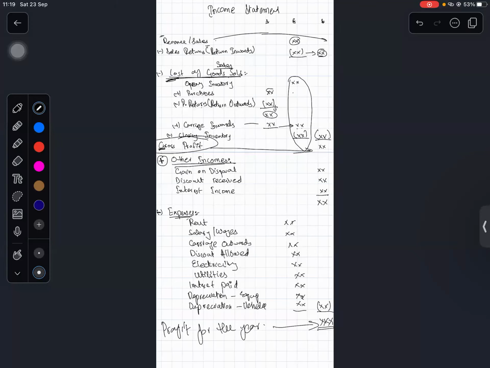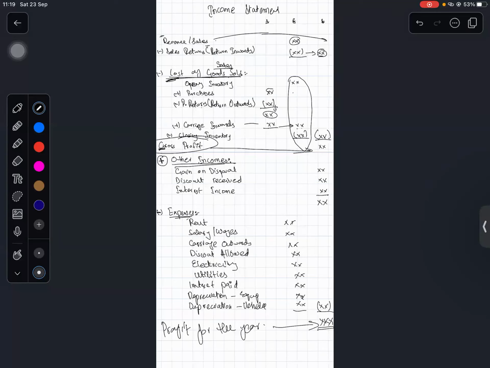We have done this before as well. Discount received is an income. Discount received will always be added in your other incomes, and discount allowed will always be subtracted from your expenses. So this is one rule of thumb. Please write it somewhere. Write it underneath this format itself.